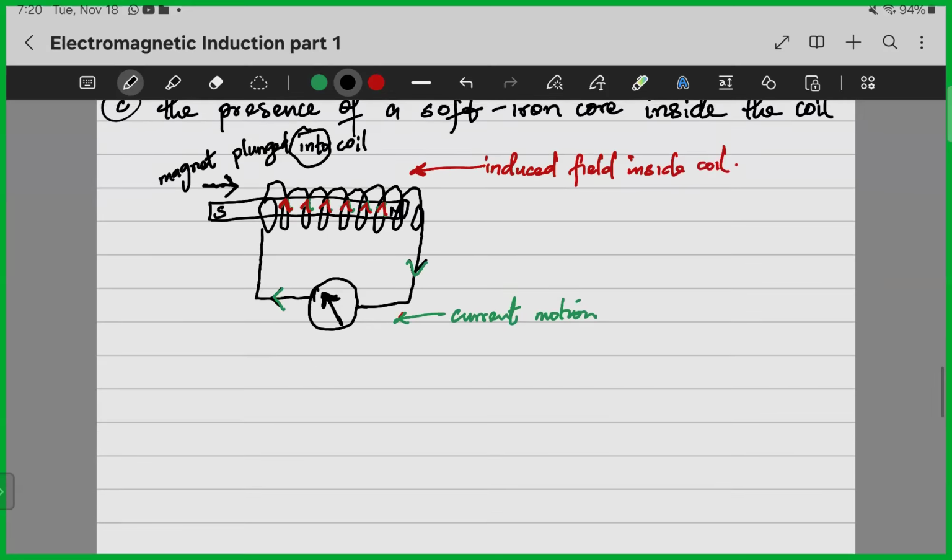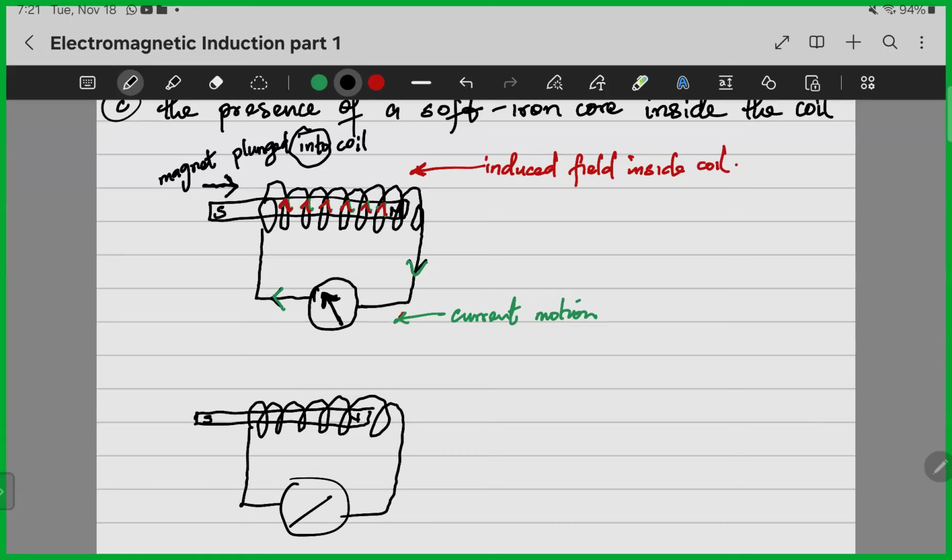Then let's draw another corresponding case down here, where you have the magnet, south, north, and your coil, and this time current is moving like this.